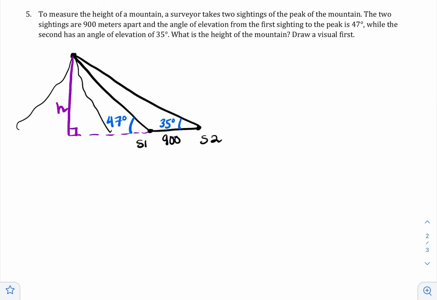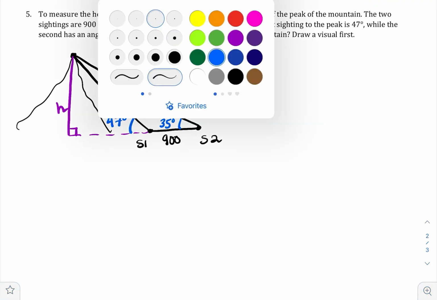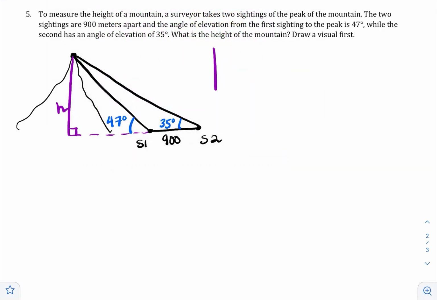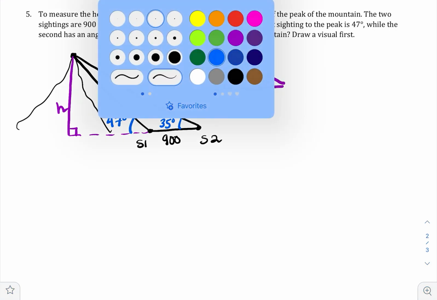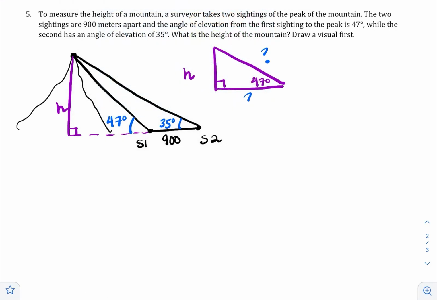So this is actually going to be a two-part question. Because what happens is that I have a right triangle, which I'm going to take on the side here, where this is H, and this is 47 degrees. But I have no idea what this side is or what this side is. So I can't use SOHCAHTOA.